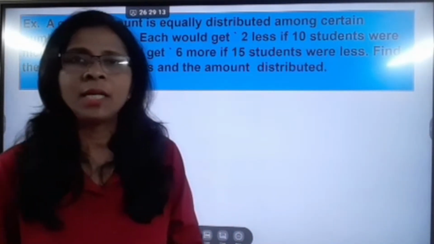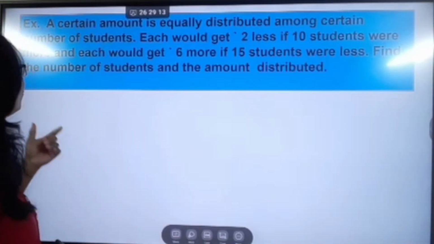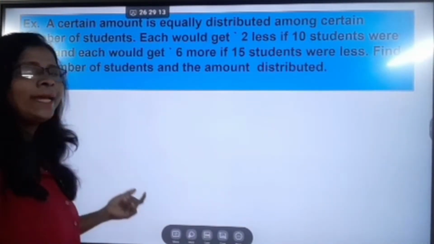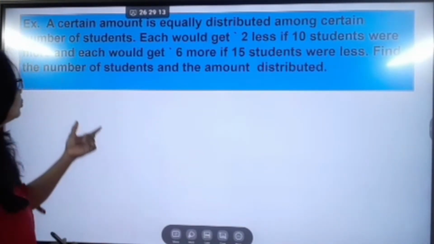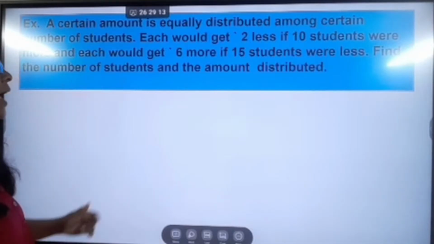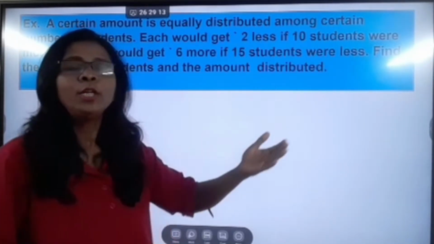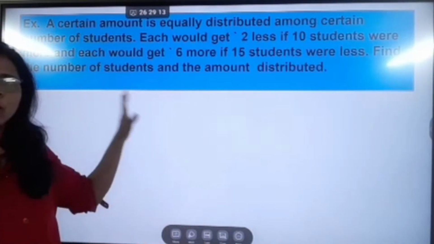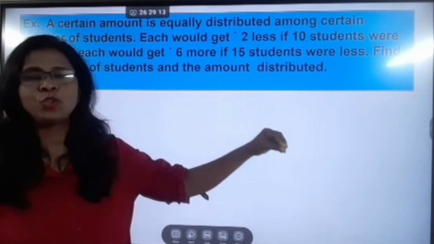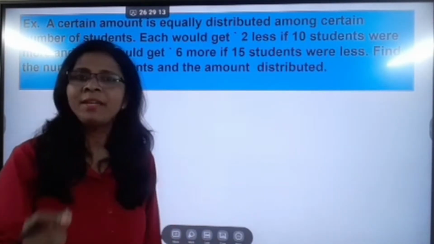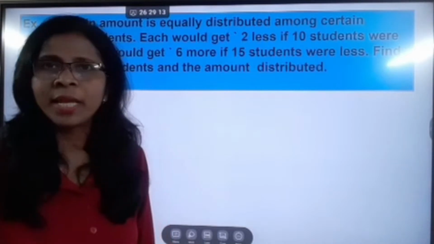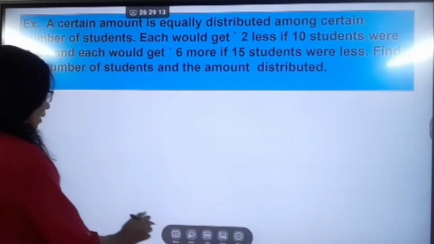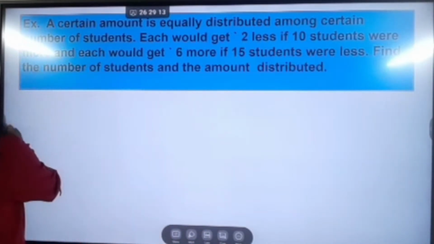We have to find out the number of students and the amount distributed, so we consider them as variables. First here we write down students.